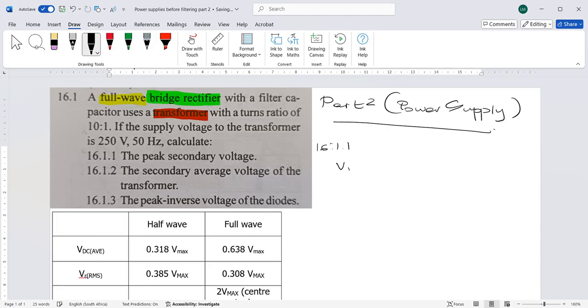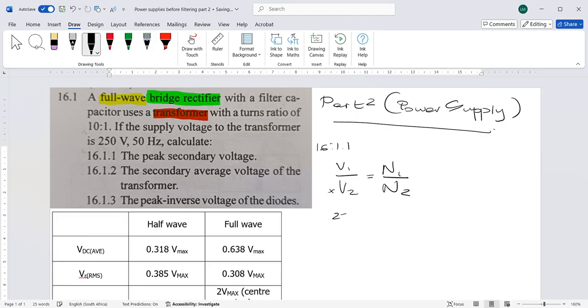So you know it's V1 over V2, which is equal to N1 over N2. Which one am I looking for? I'm looking for V2, the peak secondary voltage, on the other side of the circuit. Do we have V1?